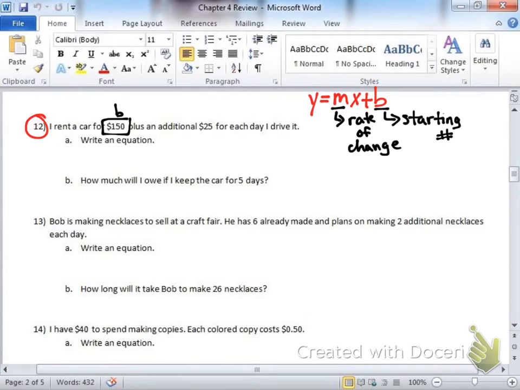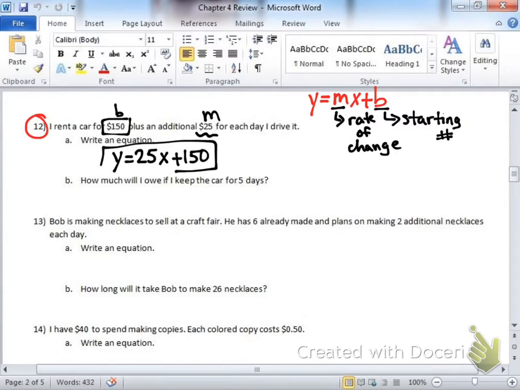If you just drove it off the lot and took it right back, you'd owe them $150. Each day you drive the car, the amount's changing. How much is it changing by each day? $25. So this will be my m. So my equation here is going to be y equals 25x plus 150.